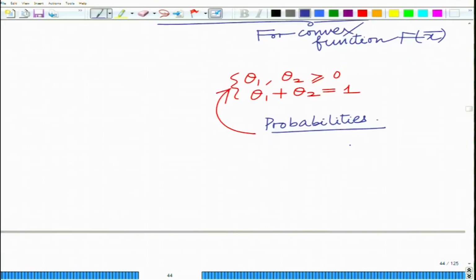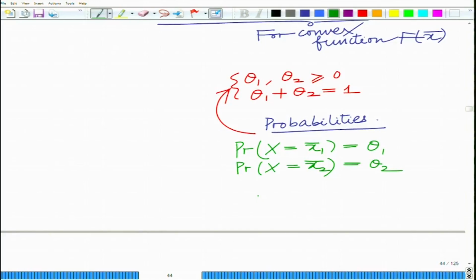You can consider a distribution where the probability x equals x1 bar is theta 1 and the probability x equals x2 bar is theta 2. That is, the random variable x takes the value x1 bar with probability theta 1 and x2 bar with probability theta 2. The probabilities are greater than or equal to 0 and sum to 1.